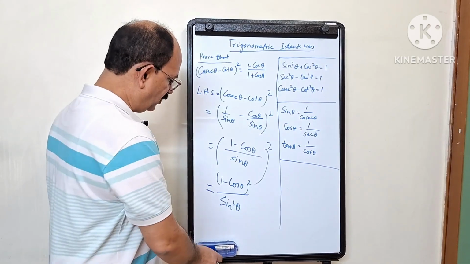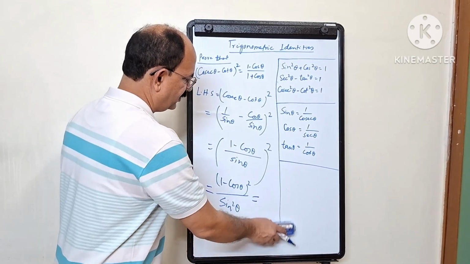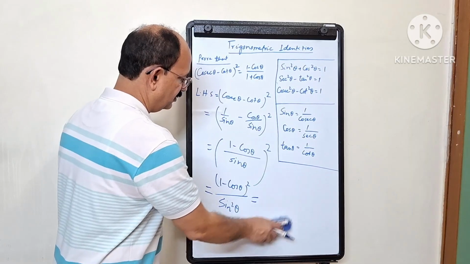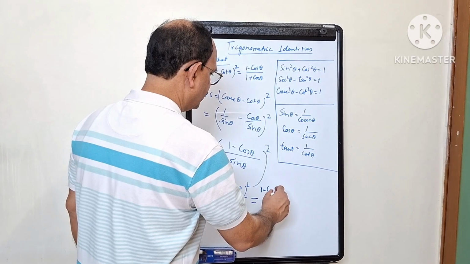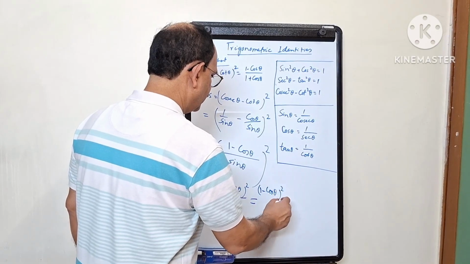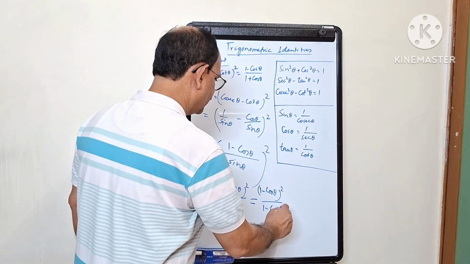So the next step would be that I write it as 1 minus cos theta the whole square divided by 1 minus cos square theta.